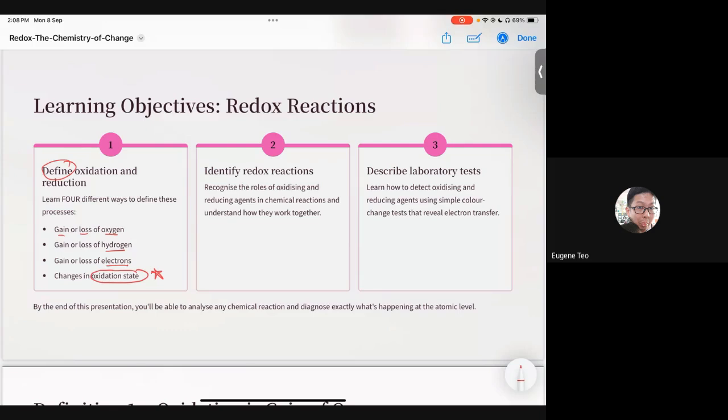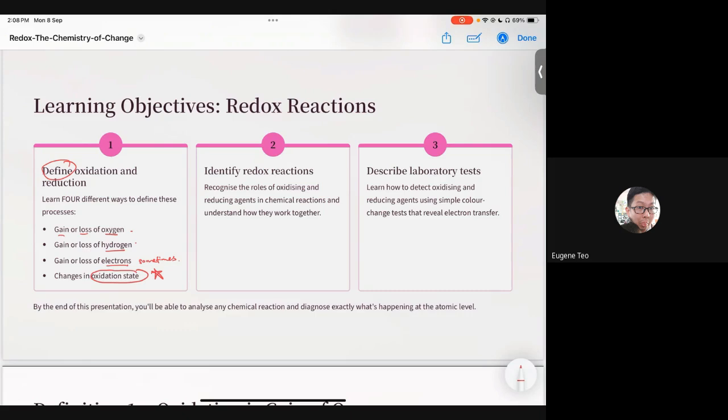This is the one that will commonly be tested. Oxygen and hydrogen, these two are seldom tested because it is too easy. The main one will be oxidation state. Electrons will sometimes be tested. So learn how to identify and define these four different ways.